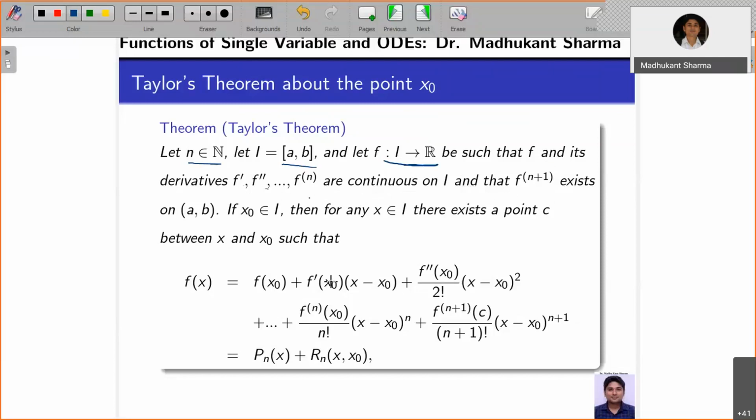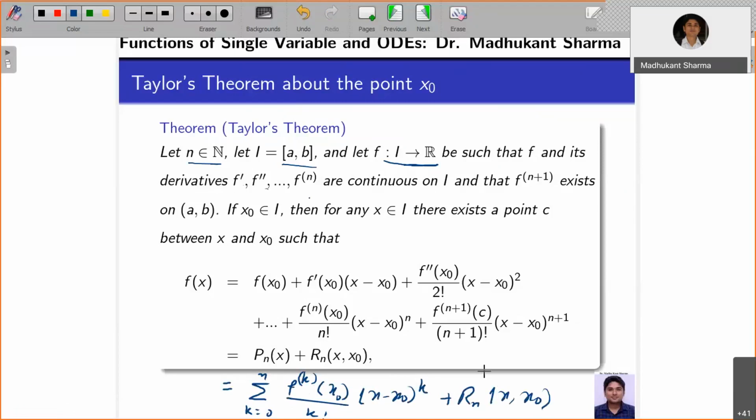So if I want to write a compact form, this is going to be the summation k equals 0 to n of f kth derivative at x naught divided by k factorial times (x minus x naught) to the power k, plus R_n(x, x naught).